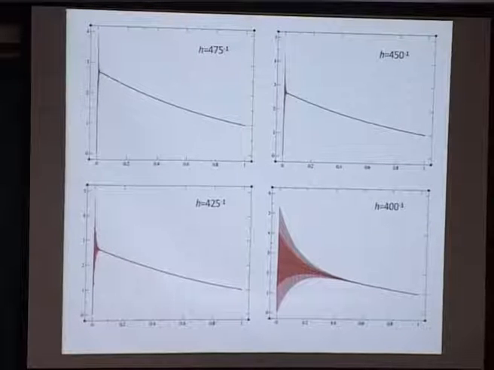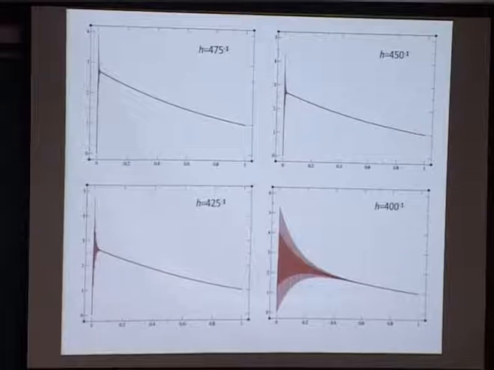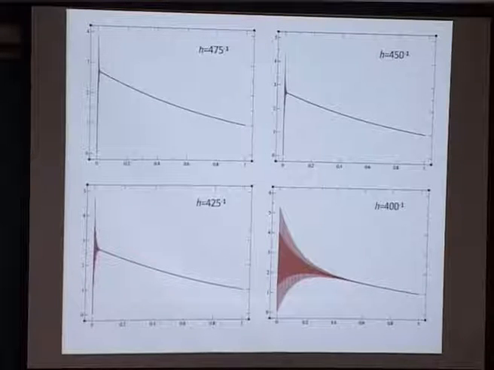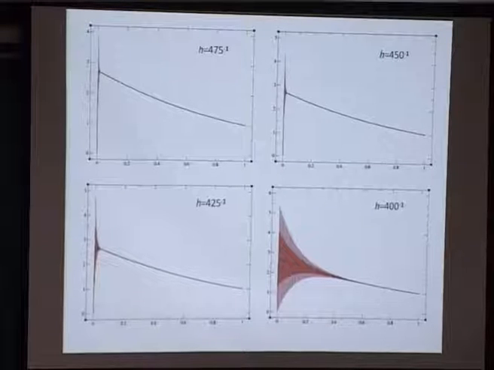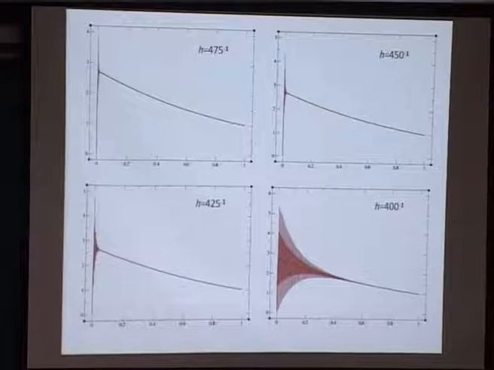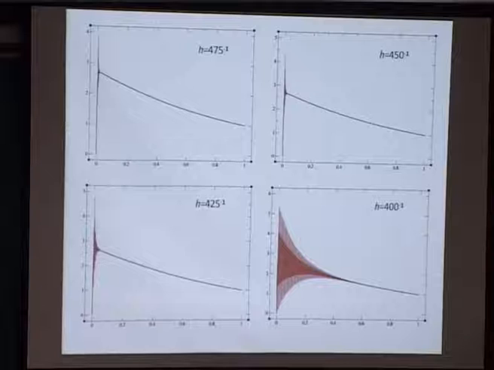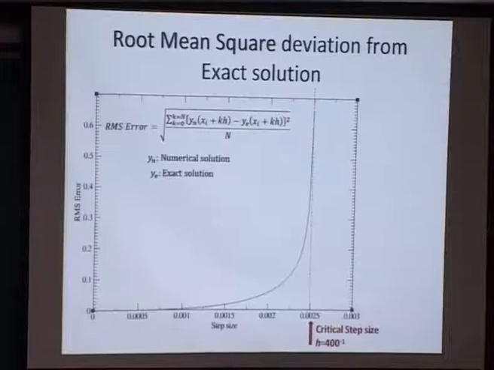These four plots are for 475 inverse, 450 inverse, 425 inverse, and 400 inverse, which shows very clearly that the deviation of the numerical solution from the exact solution increases very rapidly as you increase the step size, and the program stops to terminate above a value of h equals 400 inverse or around 395 inverse, which means that is the critical step size, the maximum step size that you can take to have a stable solution, although not very accurate even at 400 inverse.